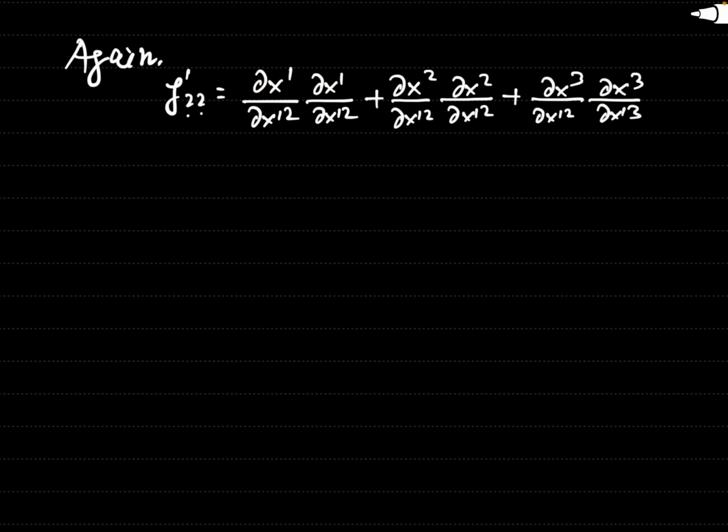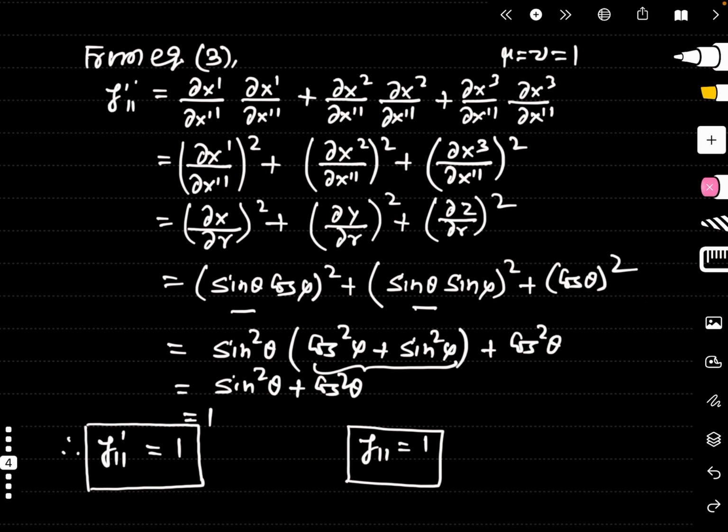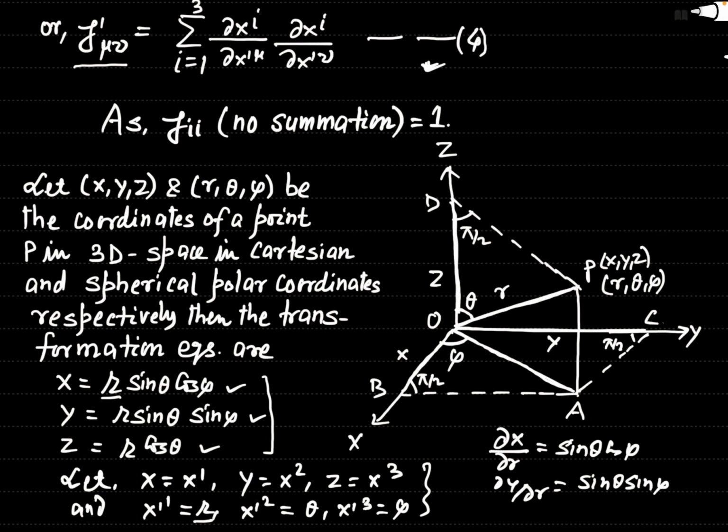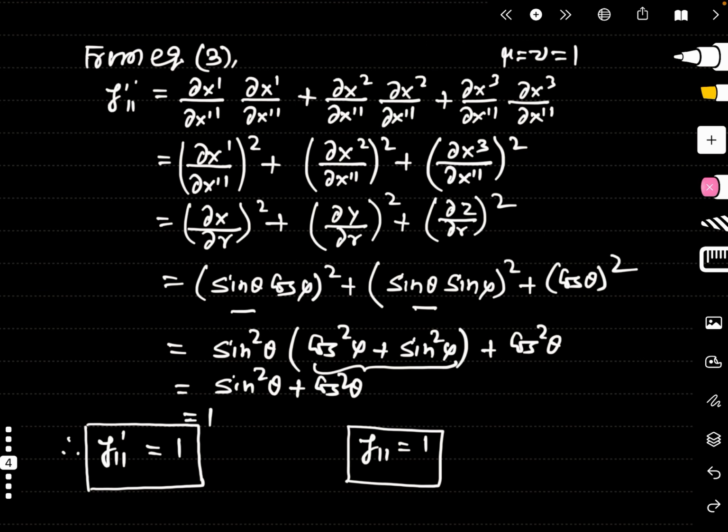Again, instead of x1 we will write x, instead of x2 we will write y, and instead of x3 we will write z. And you have assumed that x2 prime is actually theta.